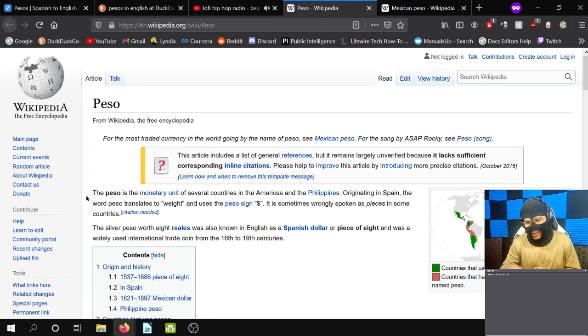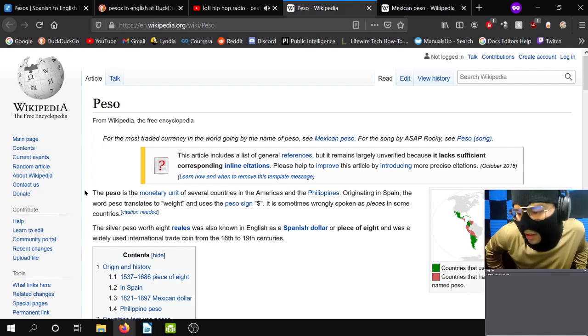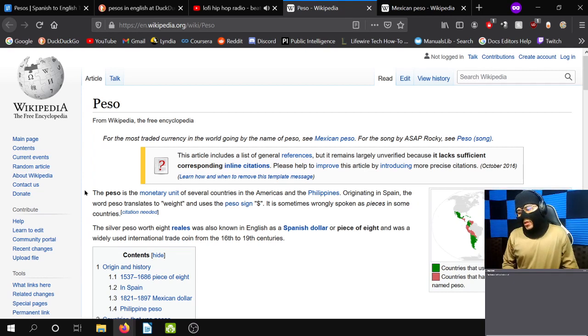The peso is the modern monetary unit of several countries in the Americas and the Philippines. Originating in Spain, the word peso translates to weight and uses the peso sign, the dollar sign. It is sometimes wrongly spoken as pieces in some countries. The silver peso, worth 8 reals, was also known in English as a Spanish dollar or piece of 8 and was a widely used international trade coin from the 16th to 19th centuries.